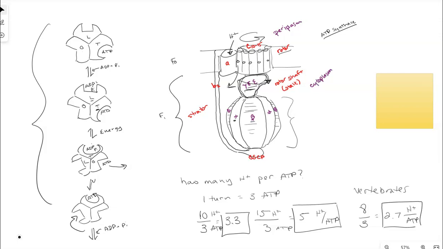However, vertebrates can access higher energy sources of food. And because of that, we can increase the concentration of protons in the intermembrane space to a higher level. So if you can, it takes a lot of energy, remember, to establish this proton gradient.